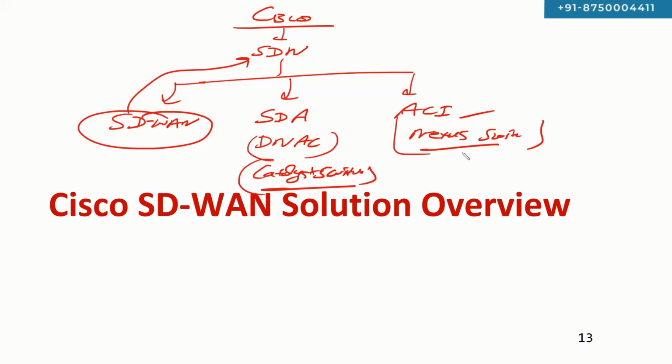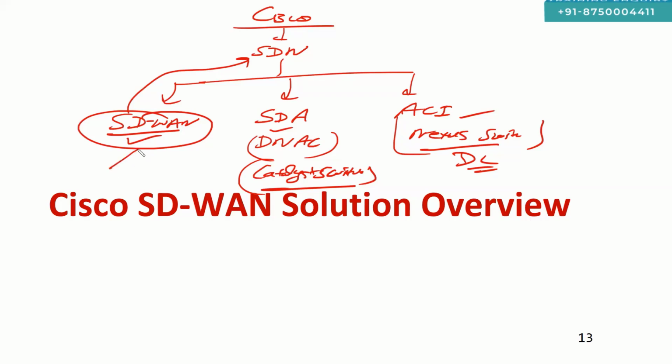So basically, ACI is for data centers. For remote sites and headquarters, you'd be using DNAC to manage your Catalyst switches. And to manage all your managed routers, you have got SD-WAN, software defined wide area network.